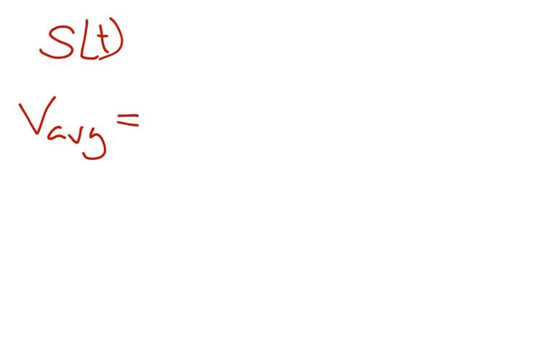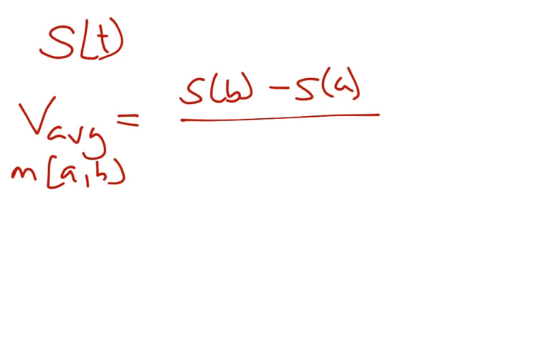But if we recall way back in chapter 3, I believe, might have been chapter 2, we said given the position function s of t, the average velocity on the interval from a to b was s of b minus s of a over b minus a.